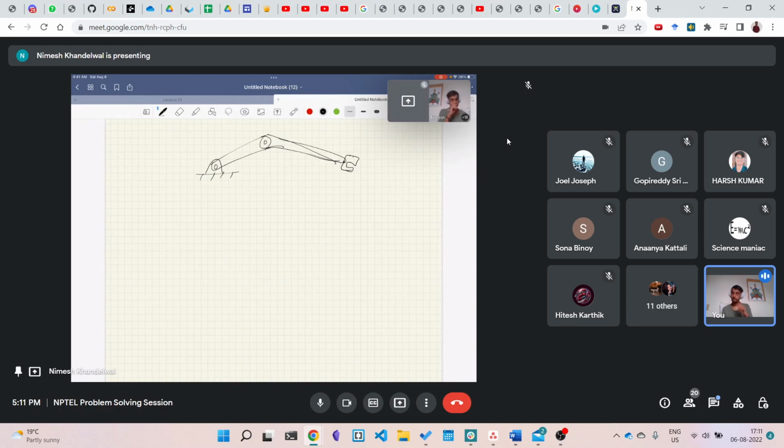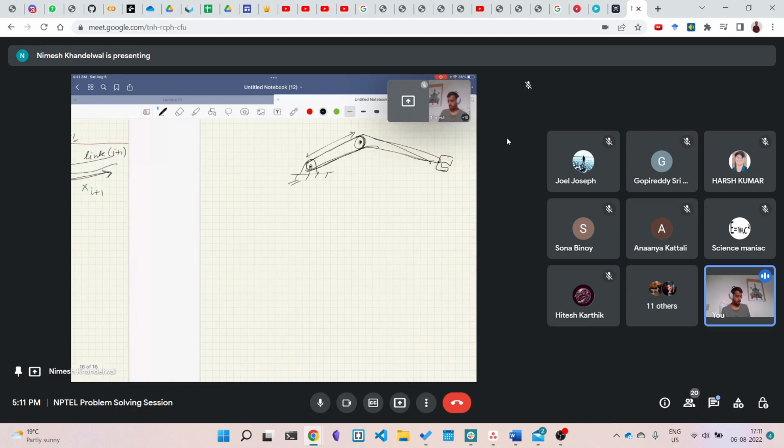So these are planar manipulators. They are in 2D and there are some assumptions that the links are straight, not curved, and all the joints lie along the same axis, that is vertical.